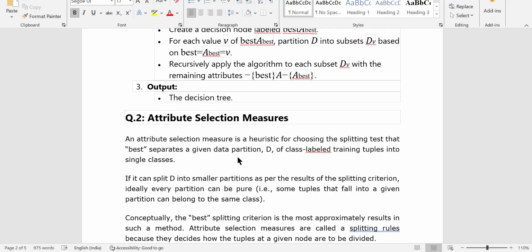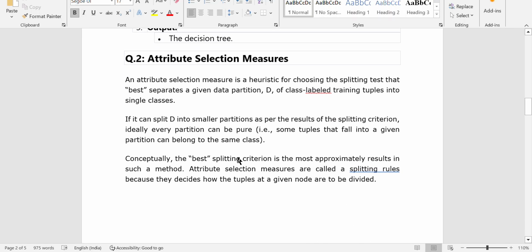Now the second question is, what is attribute selection measure, explain three of them. So an attribute selection measure is a heuristic for choosing the splitting test that best separates a given data partition D of class labeled training tuples into single classes.